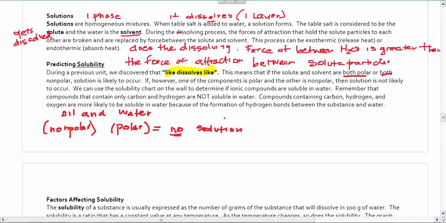It had nothing to do with that. You've got to have some form of attraction for water, and because water has hydrogen bonds, it is seeking out partial negative and partial positive charges, or check that, full positive and full negative charges.